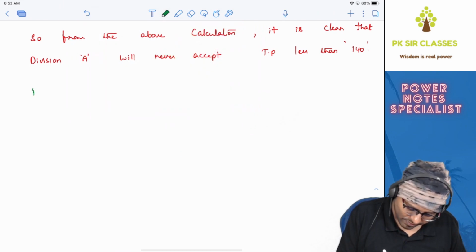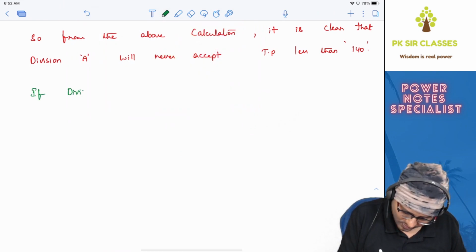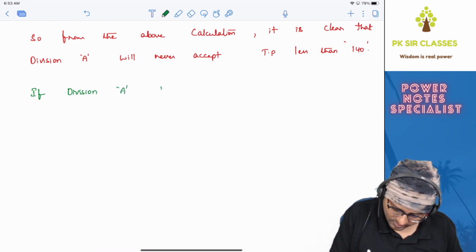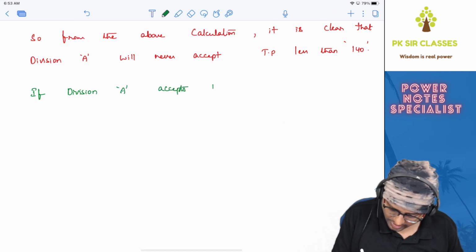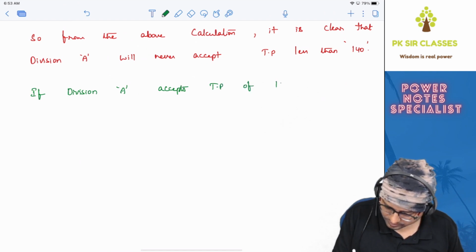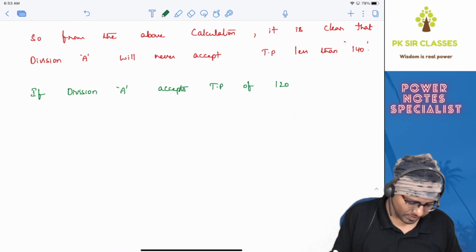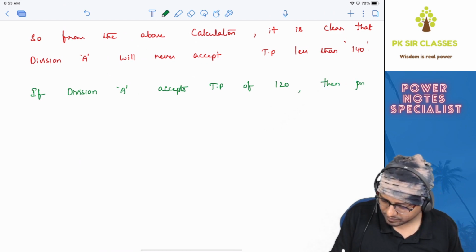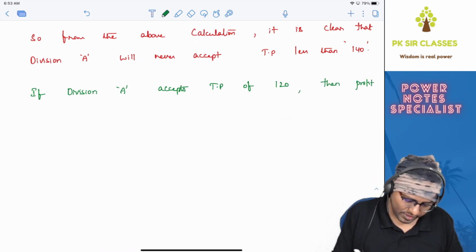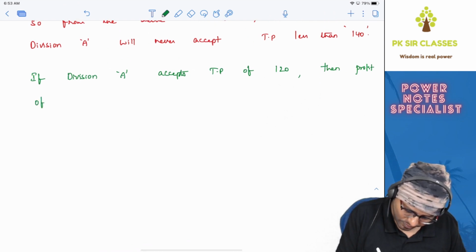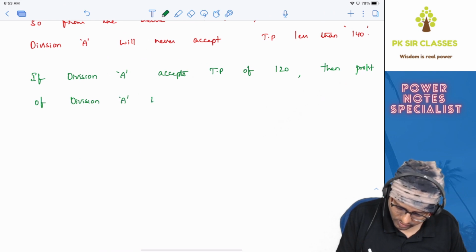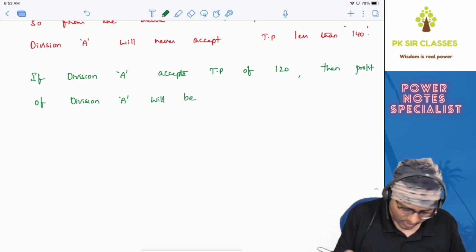So if division A accepts a TP of 120, then the profit of division A will be, look at the question, how much is the profit?